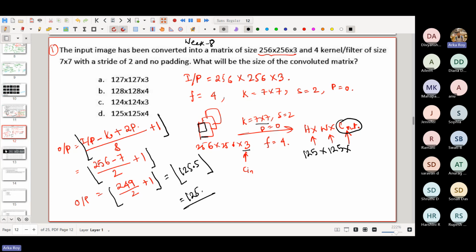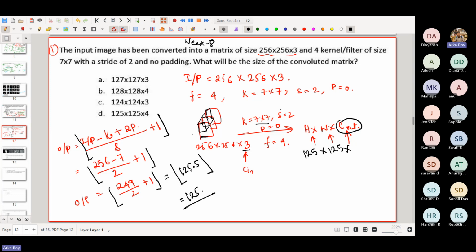So first what happens is your kernel gets copied to the same dimension as the input. So from 7 by 7, you get a representation of 7 by 7 by 3. Then using the stride and padding and all, you do this whole convolution operation.